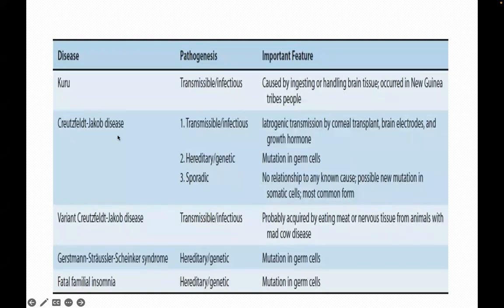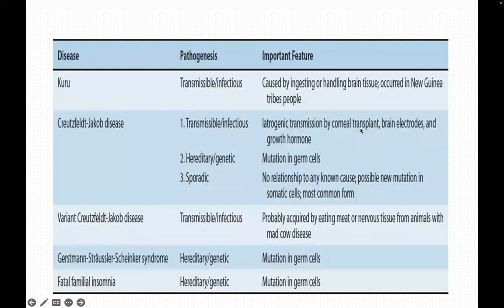And then the next one is the Creutzfeldt-Jakob disease, the CJD. And this one can be either infectious, or it can be hereditary, or it can be sporadic. So the infectious form is gotten through iatrogenic means, by corneal transplant.